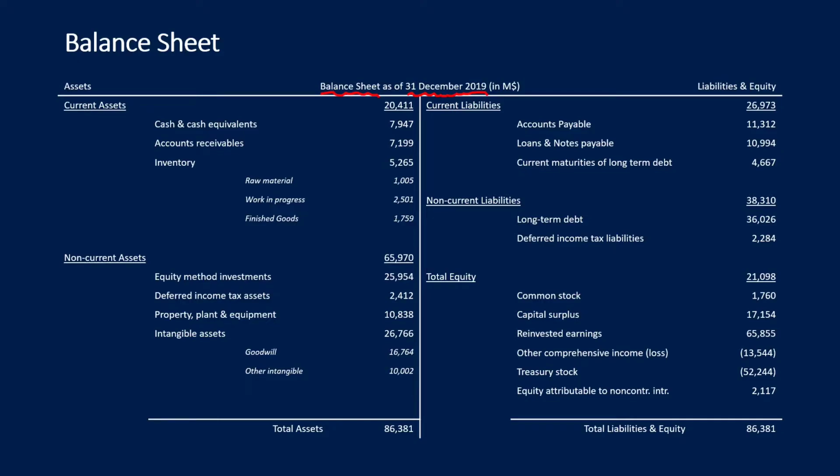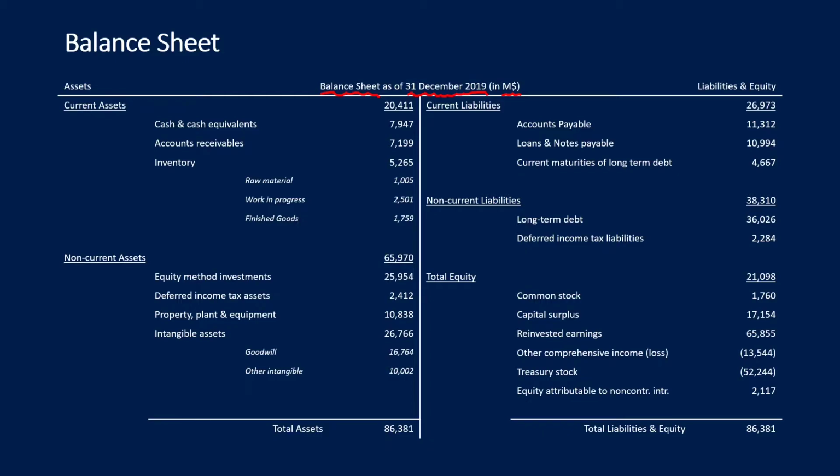This means that it is a particular point of time where all those items that we see here are counted in and valued. And it is exactly midnight of 31st December 2019. And we see that it is in millions of dollars. So what we see here is a very, very huge company.